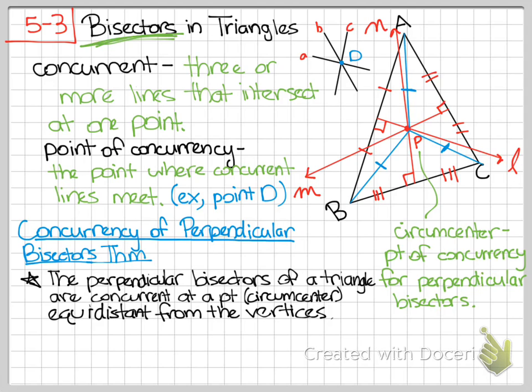So from circumcenter to vertex, those segments are all congruent. Any segment that goes from circumcenter to vertex is going to be congruent. Let's write that out specifically for our example. That means that PA is congruent to PB is congruent to PC. That circumcenter creates congruent segments.